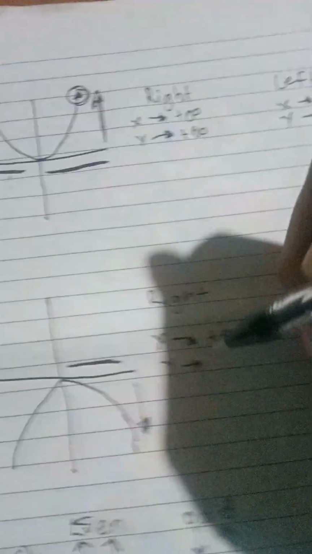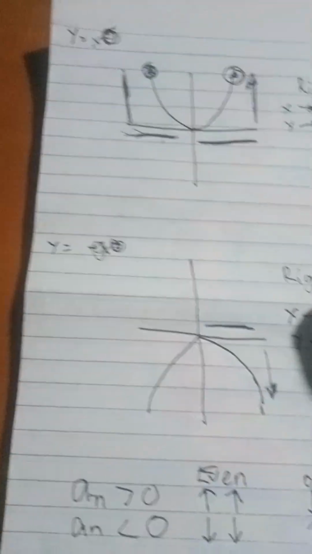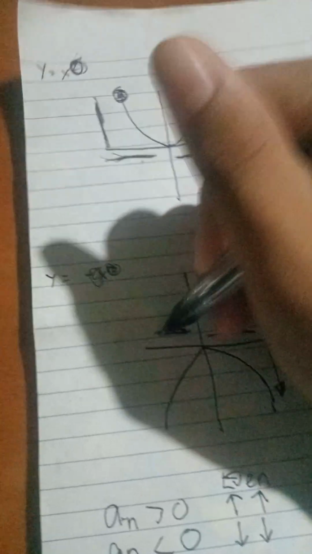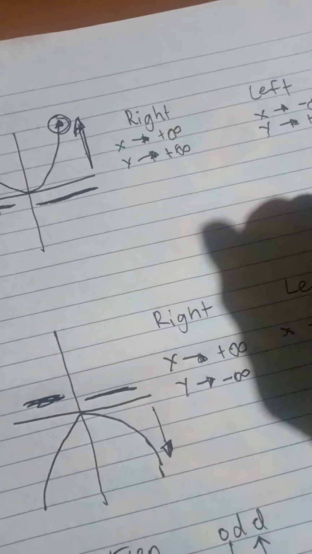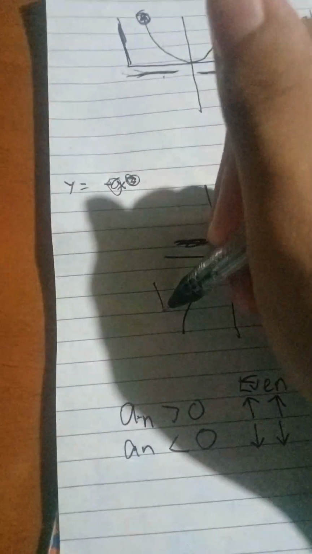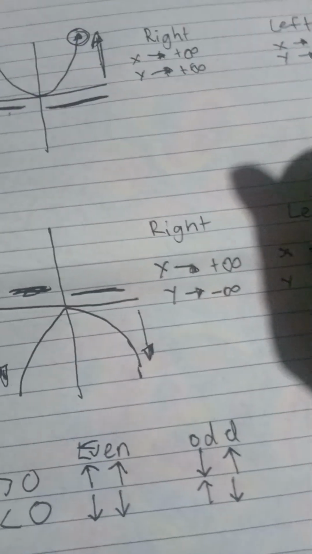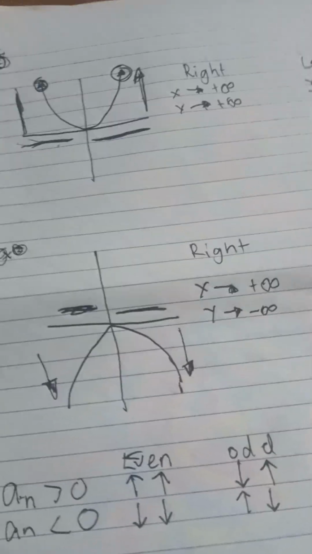On the left side, as x is moving to negative infinity, our y is also decreasing, so our y will be moving to negative infinity.